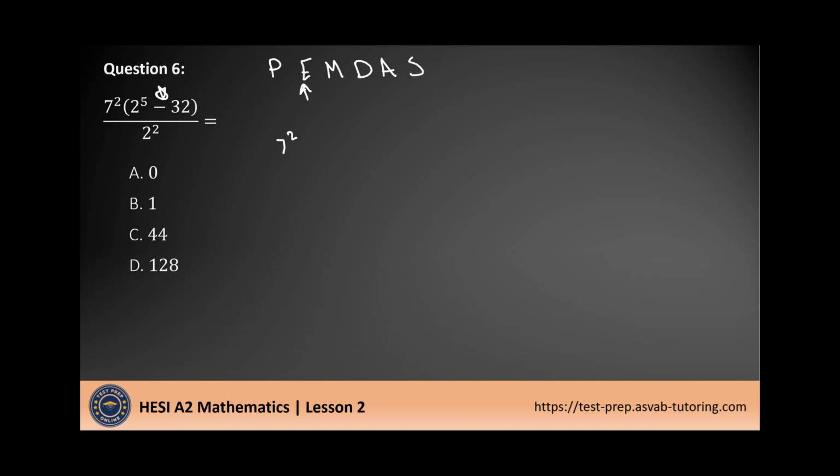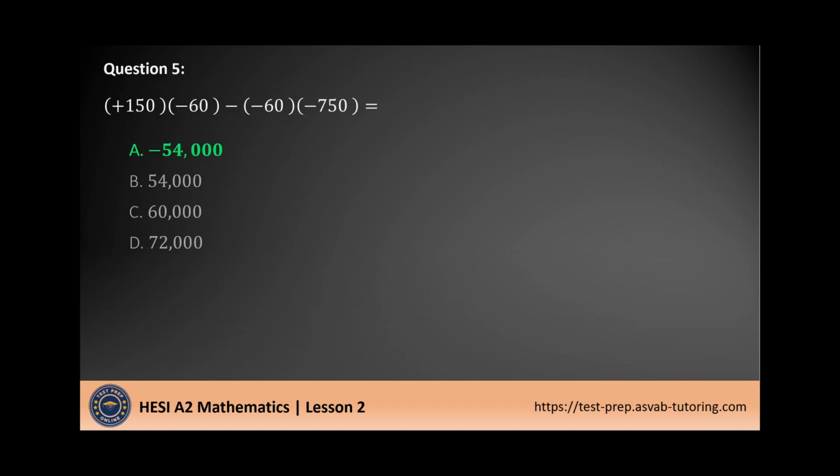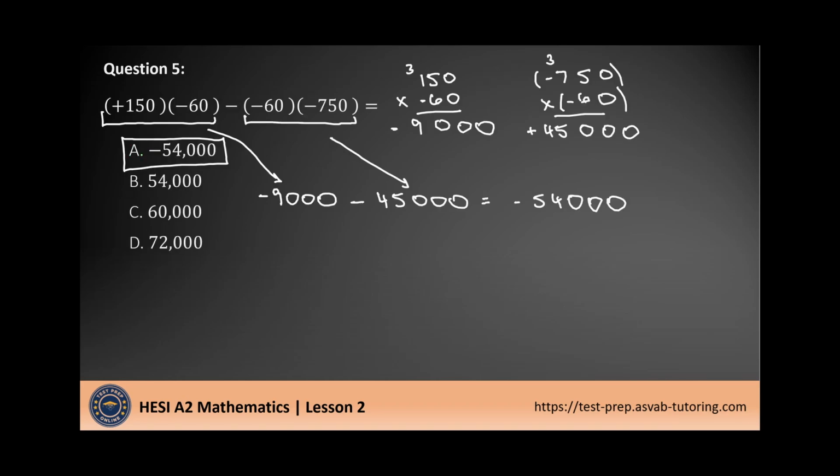What's 2 to the 5th? That's going to be 2 times 2 times 2 times 2 times 2. 2 times 2 is 4. This is 4 times 4 times 2. 4 times 4 is 16.